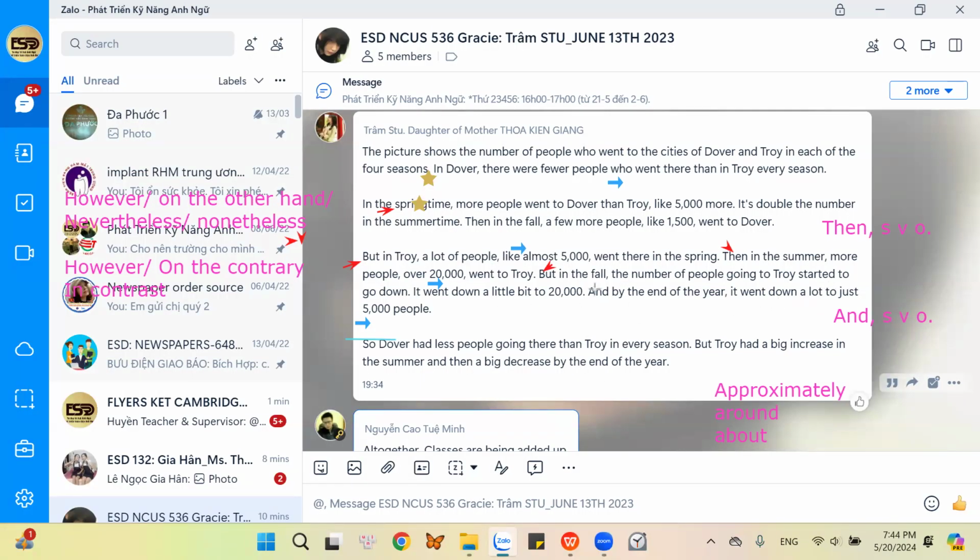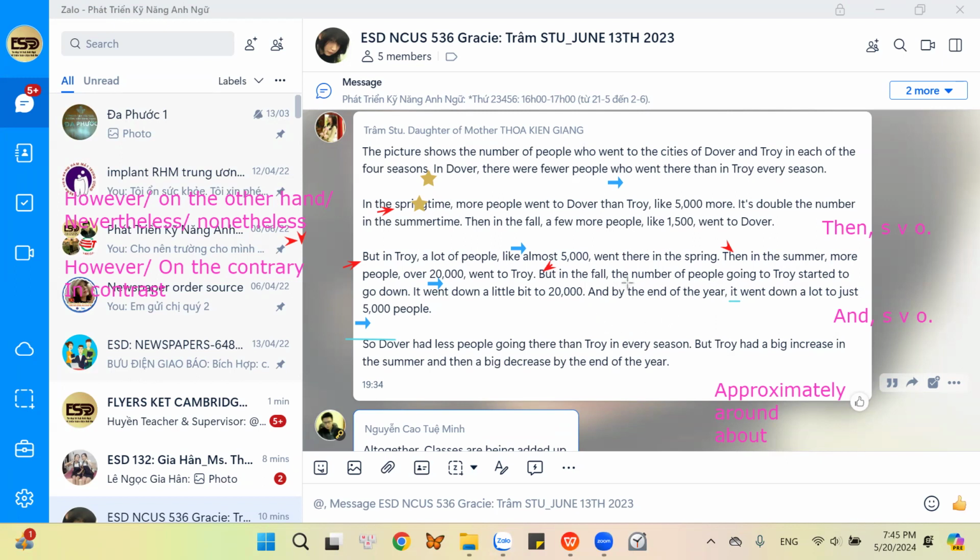Started to go down. We have stopped right here, and punctuation, a comma, please. And by the end of the year, it went down a lot. When you use "it" a lot, please, if you have already used the phrase the number of people going to Troy, you can use a word like the quantity of travelers.